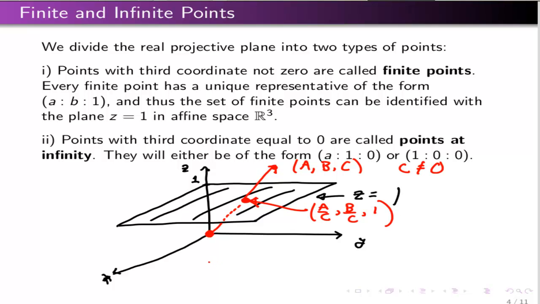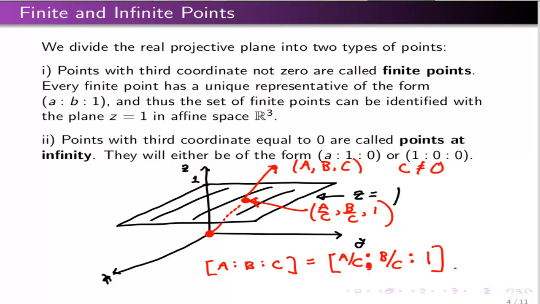And so in the projective plane, A:B:C is equivalent to the point A/C : B/C : 1. Okay, so those are the finite points. You can just think of them as being this plane z equals 1 up here.